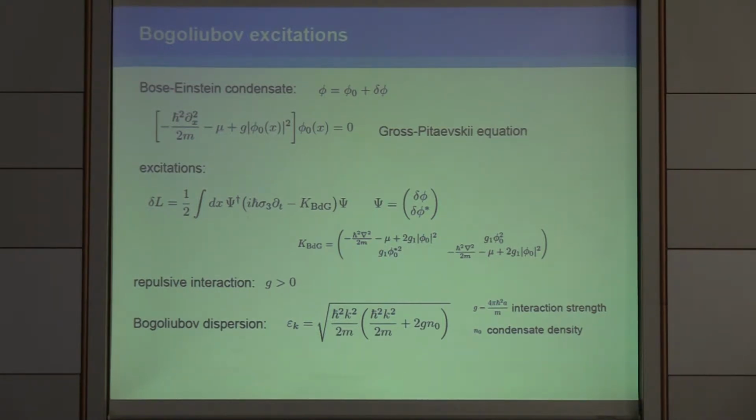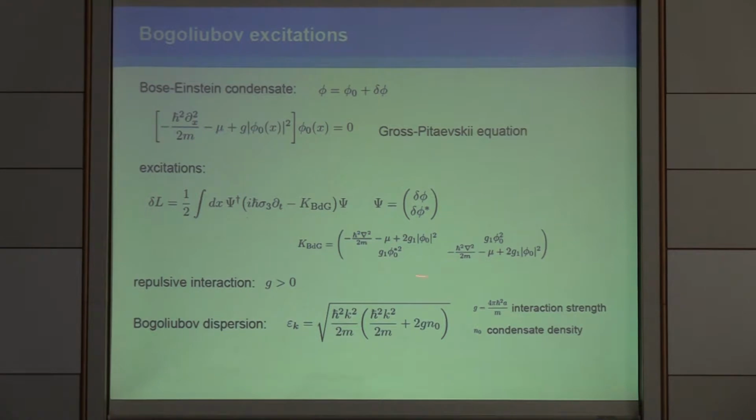If we're in an attractive regime, then what this will do is to provide a force that allows atoms to aggregate in regions of high density or high condensate density. So if you want to go beyond this and describe excitations or thermal excitations, we expand classically in normal modes around this Gross-Pitaevskii solution. And formally this is done by expanding to quadratic order in this fluctuation.